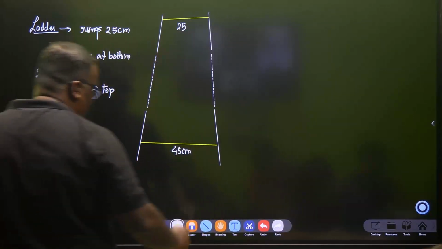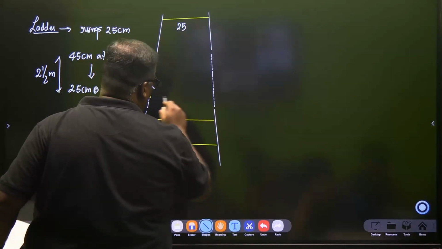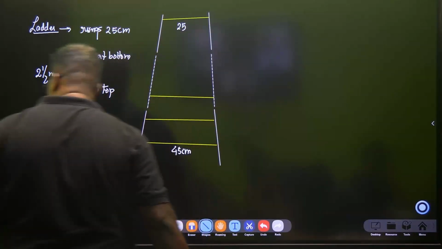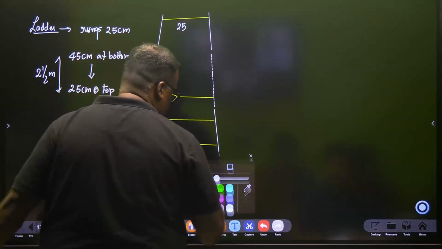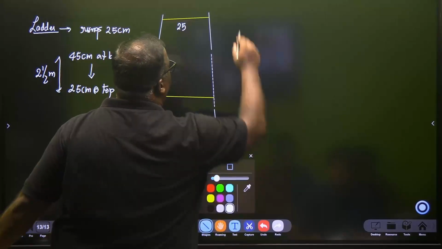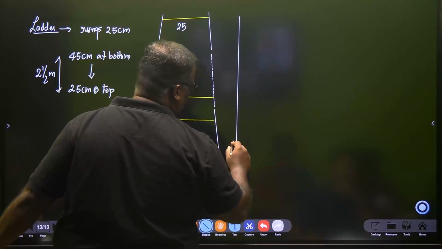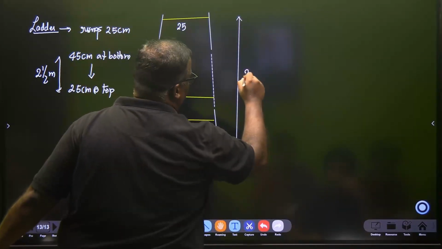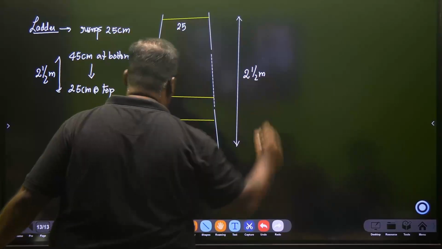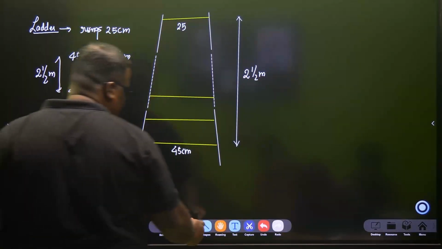Right, fine. And these rungs are actually like this, and there's one more rung like this. Okay, fine. They say that the distance from the topmost rung to the bottommost rung is 2.5 meters, which means that this distance is 2.5 meters, and the spacing between the rungs is 25 centimeters.